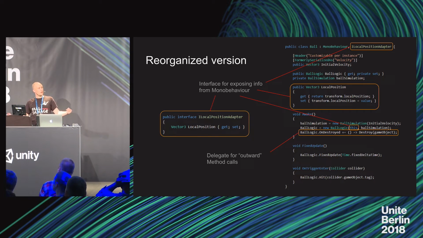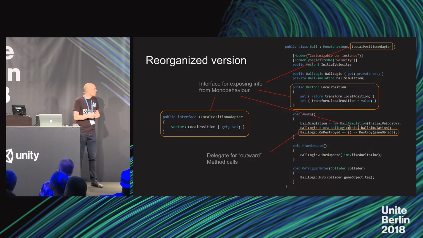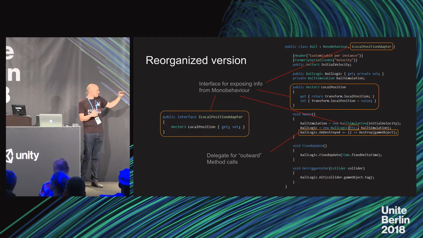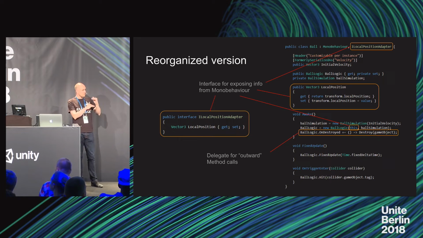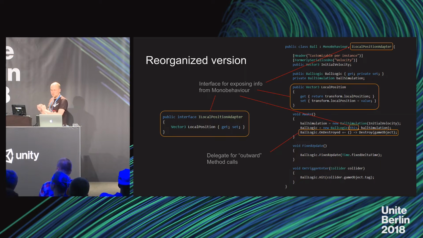And that's effectively a function call outwards back to the MonoBehaviour. So what we end up with now, which is pretty neat, is that we have all this setup code and the interfaces and so on, but what's happening through every tick after that is just drive the logic. And that's it. And by the way, the logic will be driving this simulation. That's why you don't see that around there.